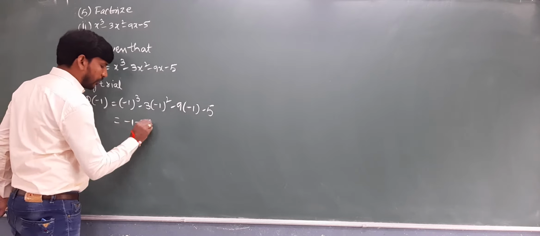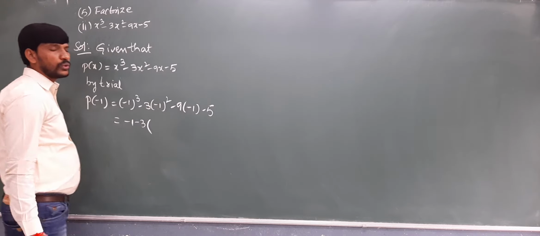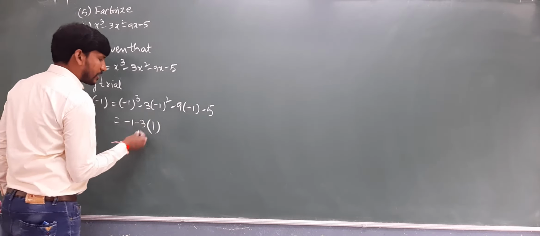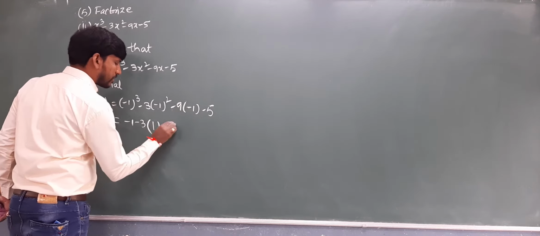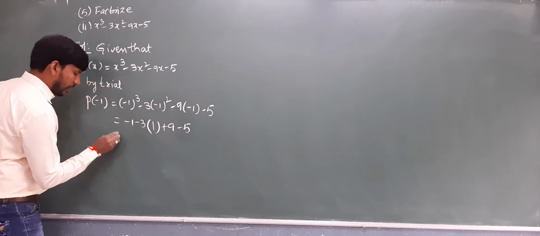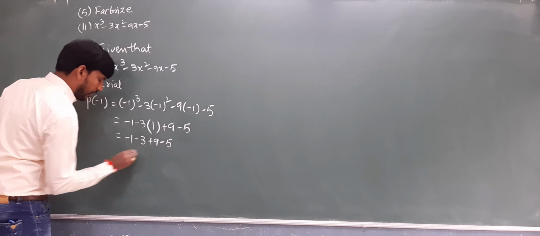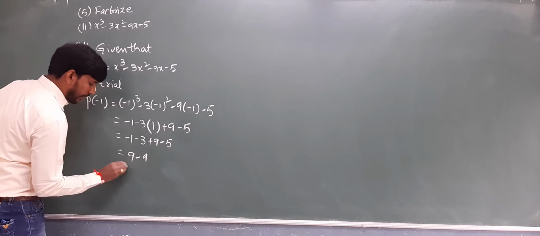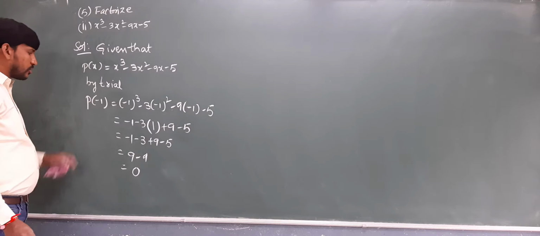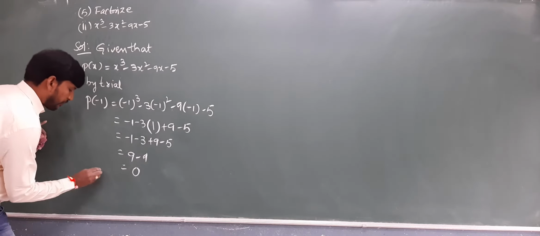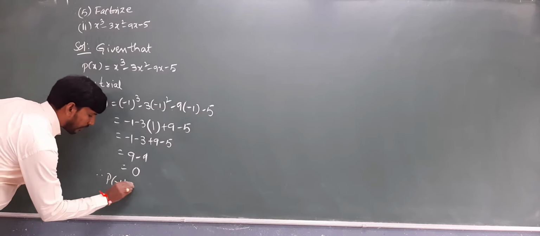Now minus 3 into minus 1 whole to the power of 2: 2 is an even number, so it will become plus 1. Now minus into minus gives plus 9, minus 5. This equals minus 1 minus 3 plus 9 minus 5. The value becomes 9 minus 9, which is equal to 0. So p of minus 1 equal to 0.